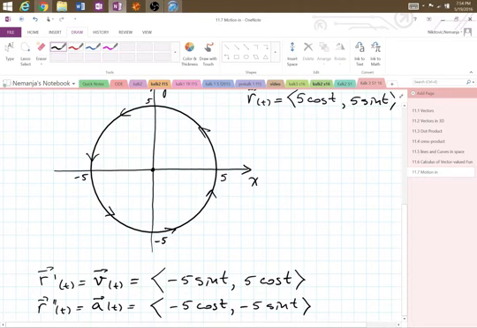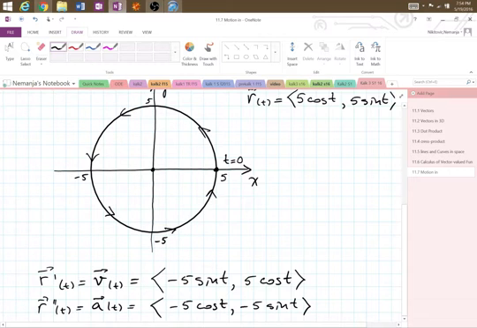So now as we look at this particular circle, here is t equals 0. And I would like to compute all three vectors that are concerned with this.